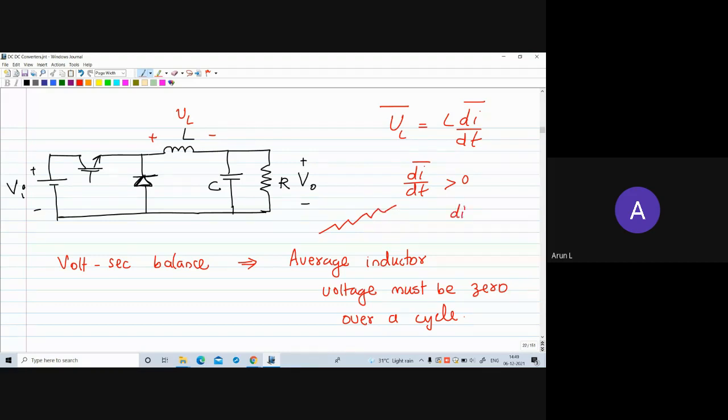If average value of di by dt is less than 0, then inductance current will go down. But we need a periodic variation in the current. So the average rate of change must be 0, and di by dt average has to be 0. So that implies average voltage across the inductance has to be 0 over a cycle, and that principle is known as volt-second balance.